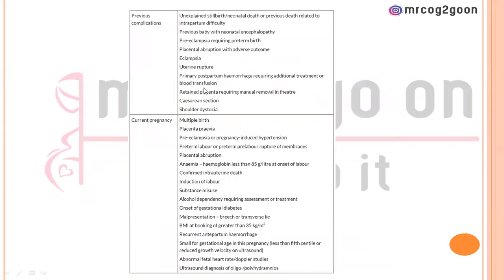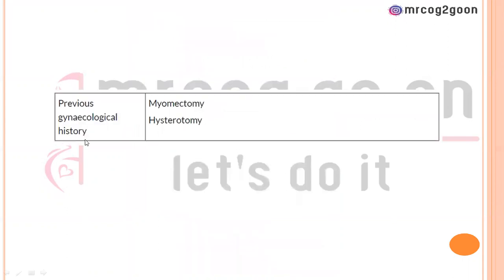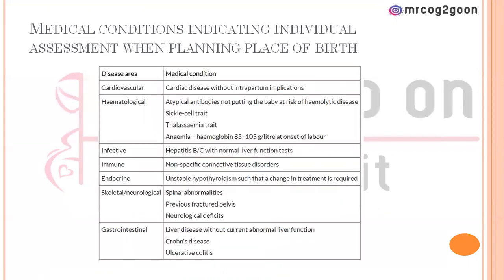Previous complications, like unexplained stillbirth or neonatal death. All these can put her at a high risk of recurrence, and this applies to the current pregnancy also. Previous gynecological surgery, like myomectomy and hysterectomy, because she is at high risk for rupture.